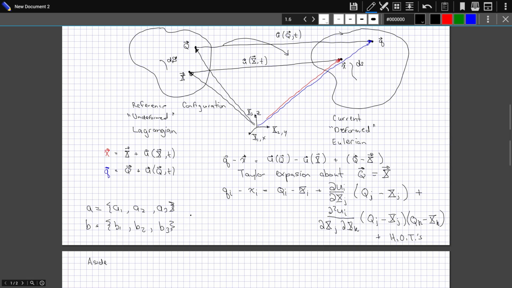You take the dot product, A dot B. That's equal to A1 B1 plus A2 B2 plus A3 B3. That's the dot product of two vectors. Or another way to write that would be the sum of Ai Bi, where i goes from 1 to 3.